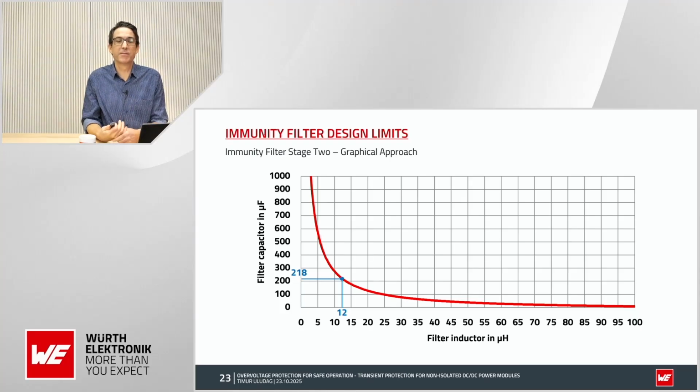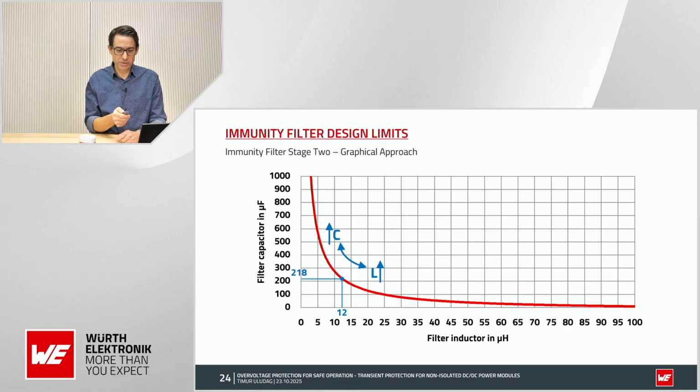This is now an approach where we say, if you calculate all this, then this is okay, but if you want to select something, you also need the freedom to play with the parts. What you can see here is the value of the inductor and the filter capacitor that comes up, meaning all the points on this curve represent a combination.